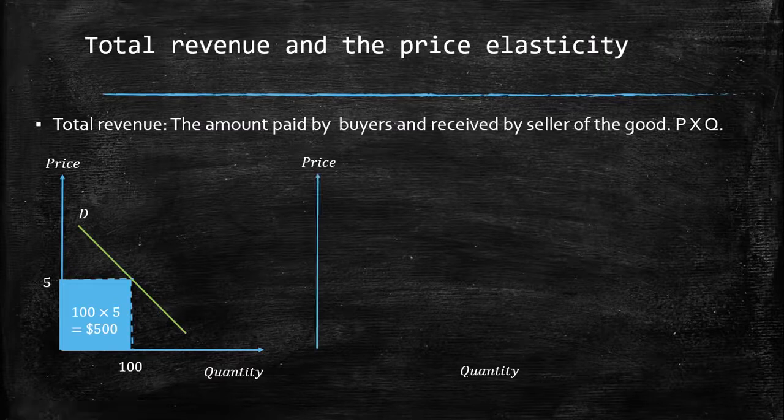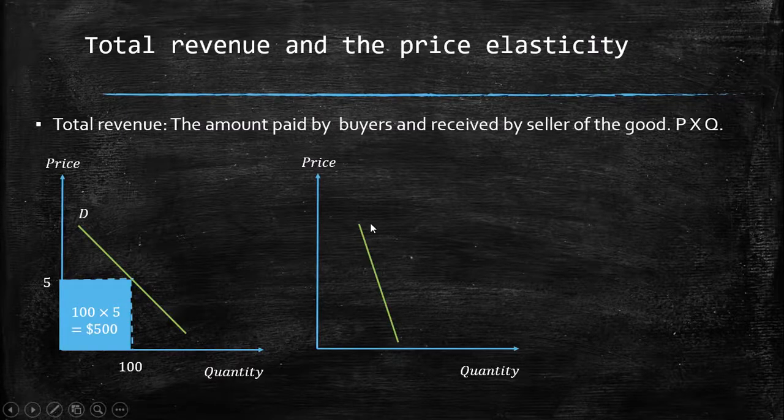Now we're going to start talking about what happens when the demand is inelastic. So remember, when it's inelastic, the curve looks kind of like an I. Okay, so this is inelastic.